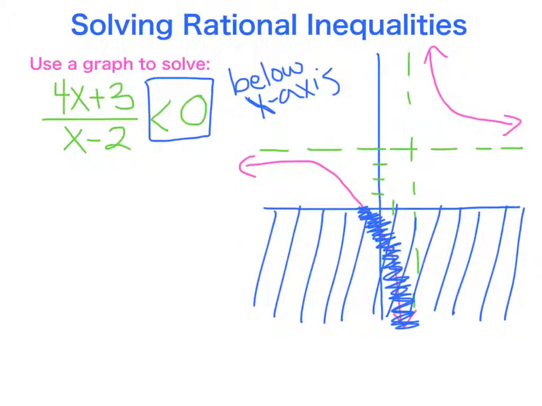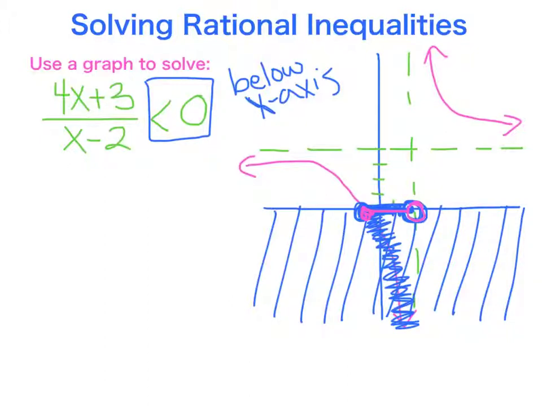If you were to transfer that to your x-axis, you'd have everything from here to here, and then it stops at your asymptote, and it doesn't actually touch your asymptote. These darkened areas here, from here to here, are the only x values where the graph is less than 0.